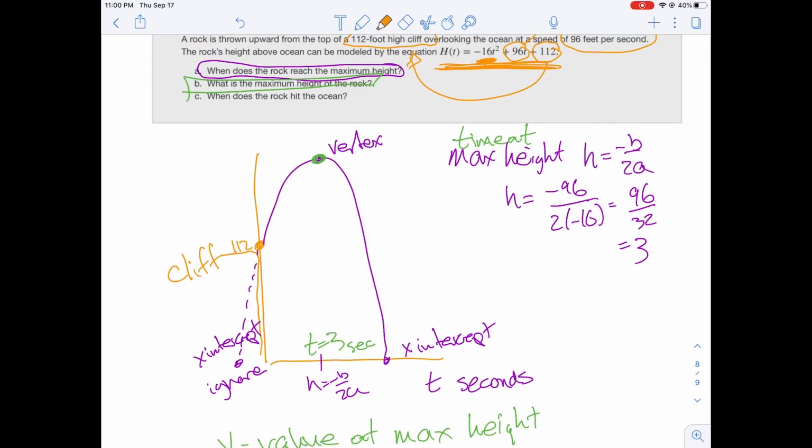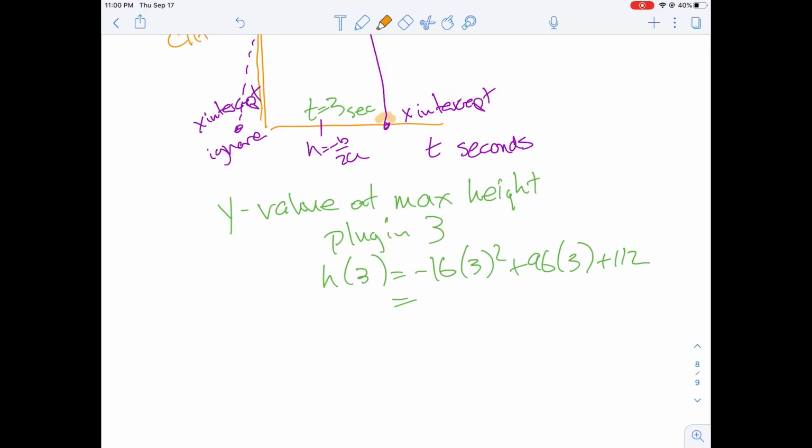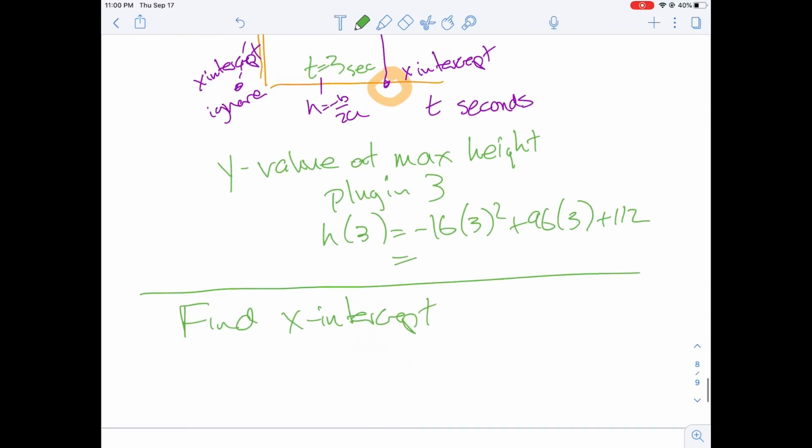What's the last thing that you can do? The last question they ask is, when does the rock hit the ocean? The last question is, find the x-intercept. H of t equals negative 16 t squared plus 96t plus 112 equals 0.